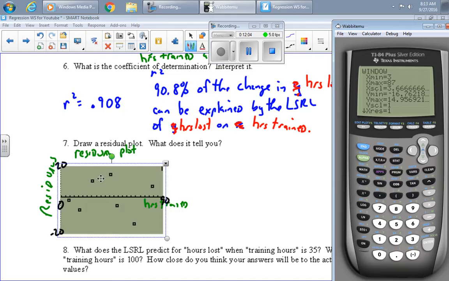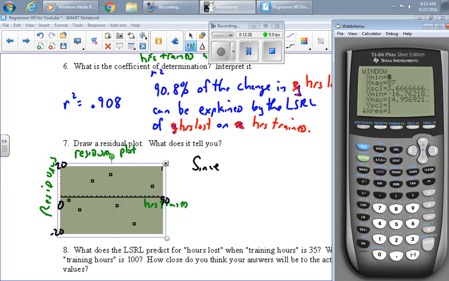And what I'm looking for in this is a pattern, because this tells me what data was left when I take out the pattern of the LSRL. And I don't really see much of a pattern here, so that tells me that the LSRL was the best method.